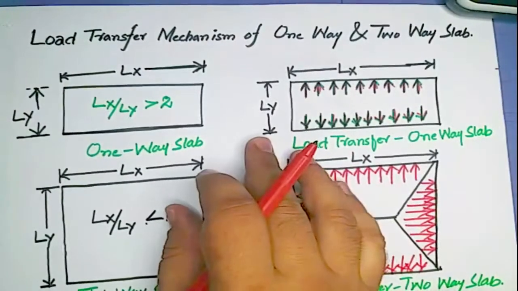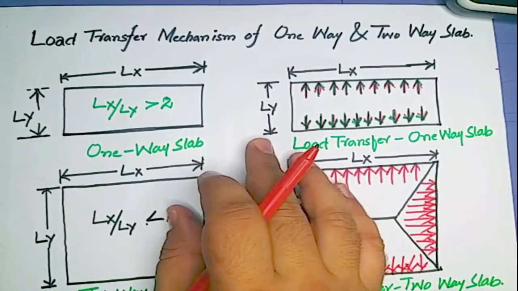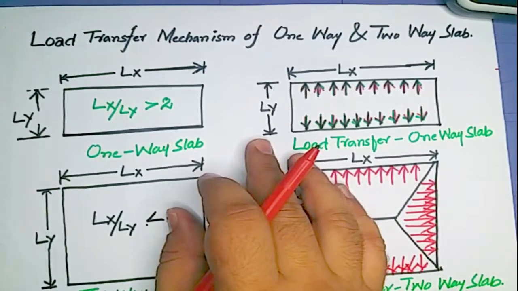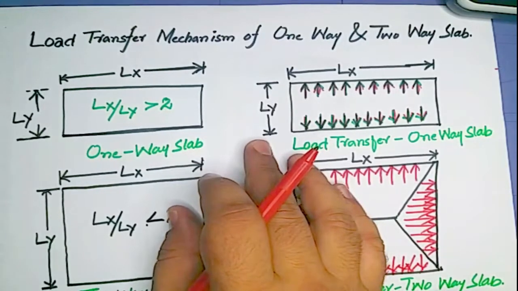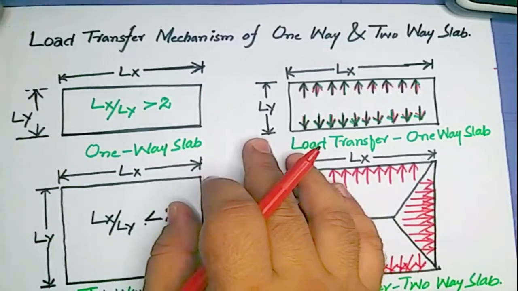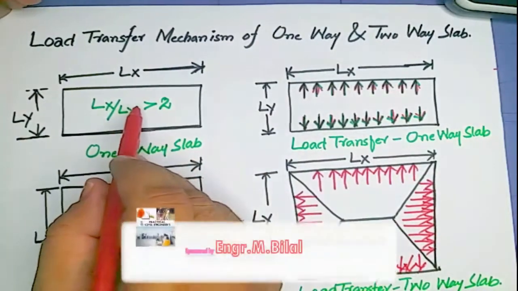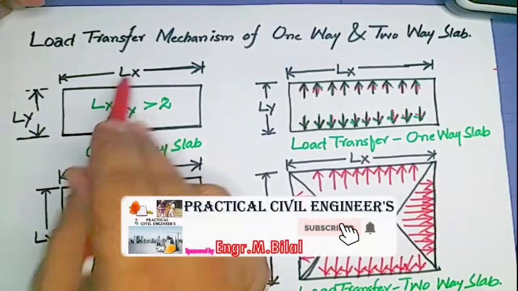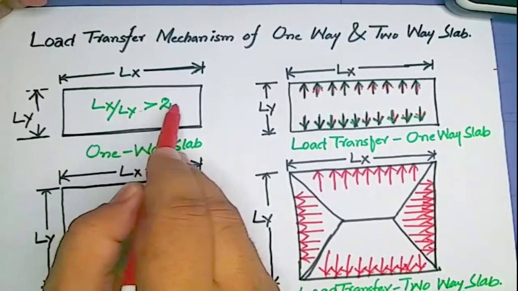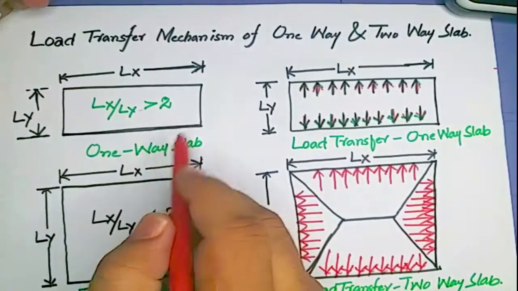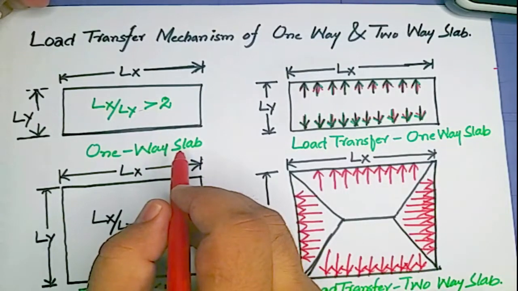Now, the load transfer mechanism of a two-way slab. So when the ratio of the longitudinal side to the lateral side is greater than 2, it is called a one-way slab.